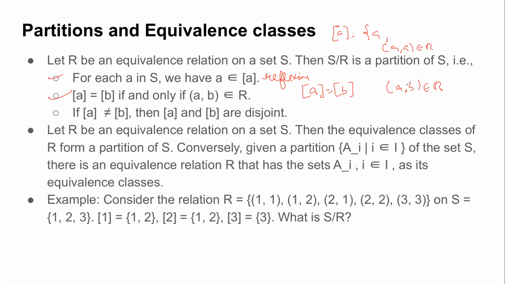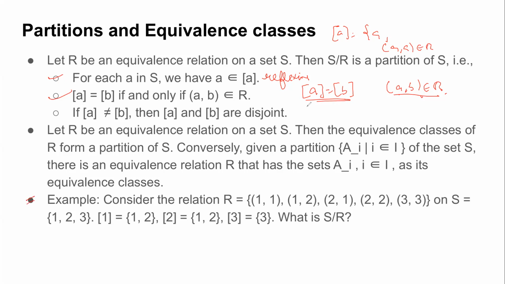If any time you have two elements whose ordered pair is in the relation, then you will see their equivalence classes are always the same, as we'll see again in this example.